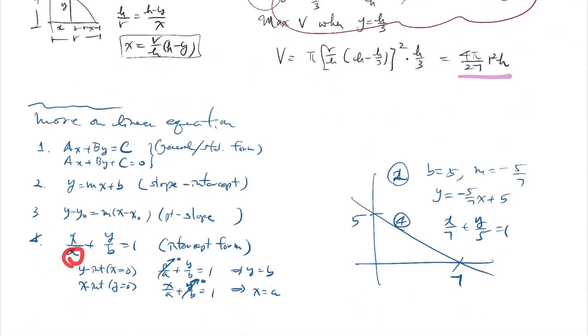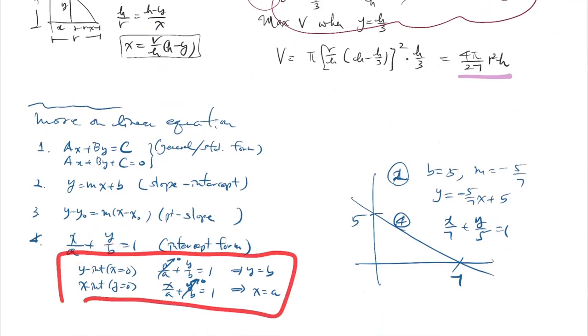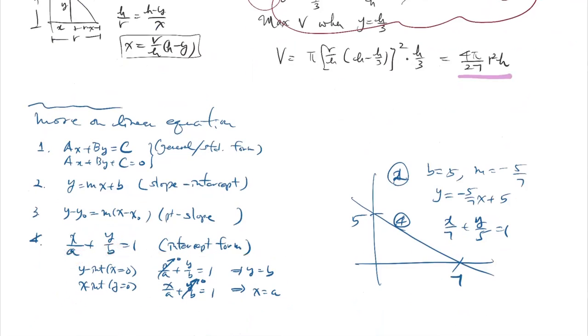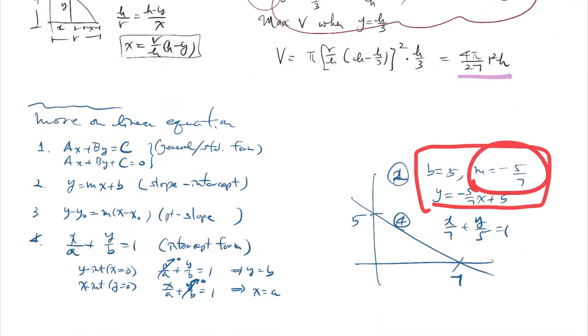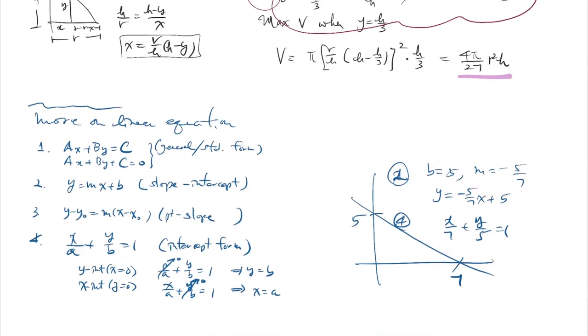And a is the x-intercept and b is the y-intercept. And if you look through that carefully, it's kind of self-evident. So when you have a linear equation whose y-intercept is 5, x-intercept is 7, that's the way to go. Now, I suppose you could do it this way, find the slope and y-intercept, but I think having an intercept form is a little bit quicker.